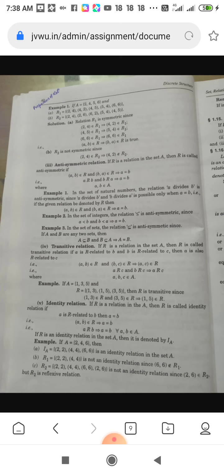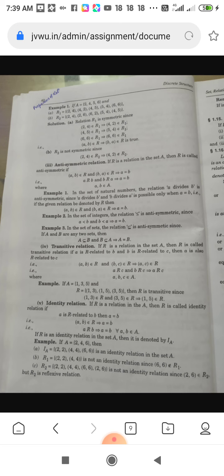Second is symmetric relation. (a, b) belongs to R, then (b, a) belongs to R. If R is a relation in the set A, then R is called a symmetric relation if A is R related to B, then B is R related to A, or (a, b) belongs to R, aRb implies bRa. For example, the relation is parallel.